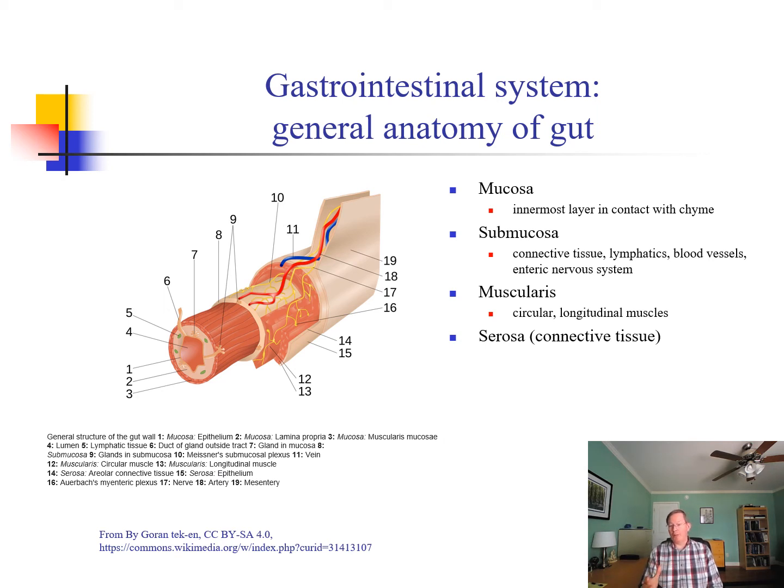Underneath that is a submucosa, an area of connective tissue, blood vessels, and the enteric nervous system. And then surrounding that are two layers of muscle. This is the muscularis layer. And that allows for what we call peristaltic movement, ideally the single directional movement of substances from one location to another. Outside of that, I have additional connective tissue. We call that the serosa.